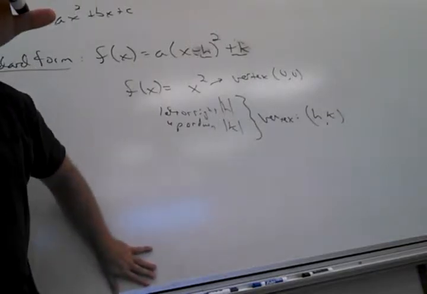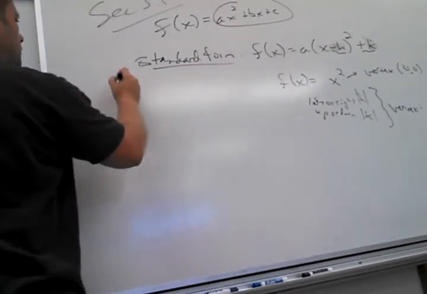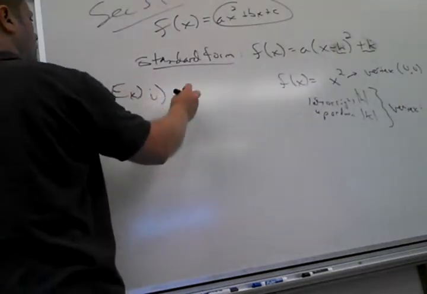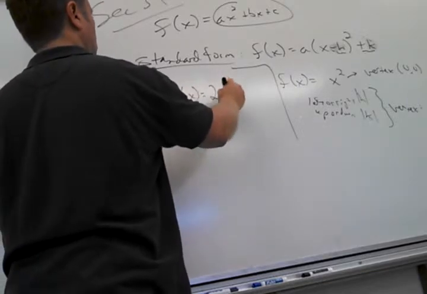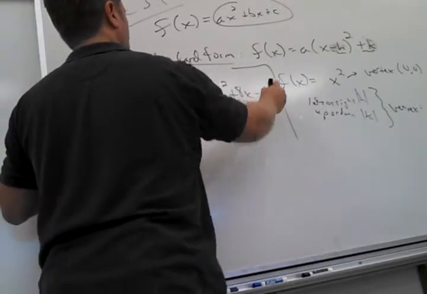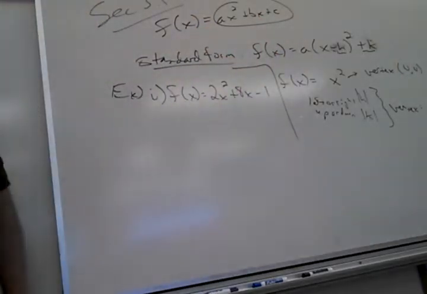You guys kind of... So how would I take something that looks like this? For example, if I had this, and I want to put it into this form, how would I do that? Complete the square.